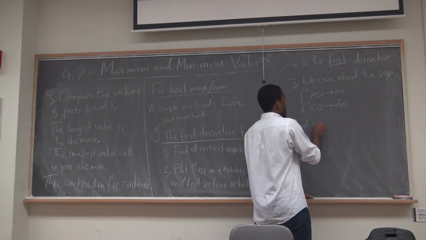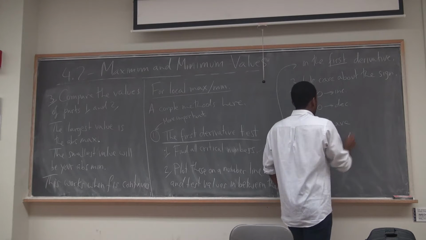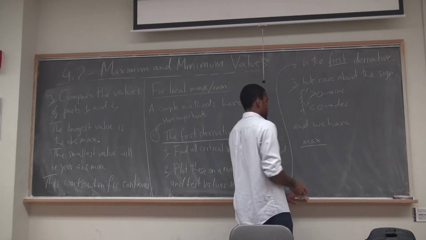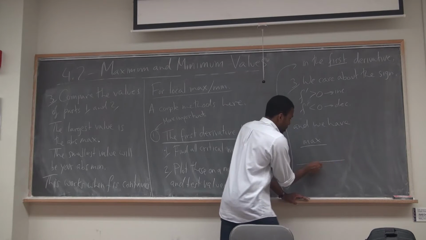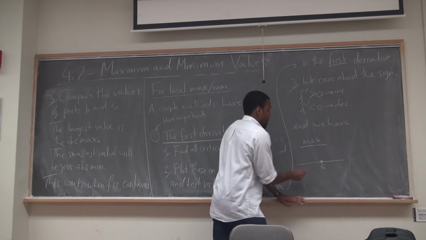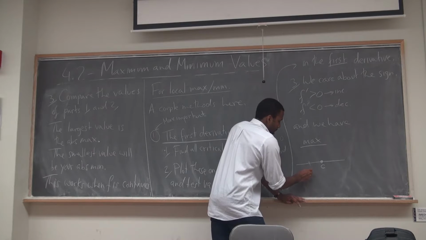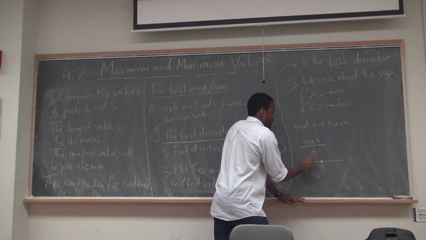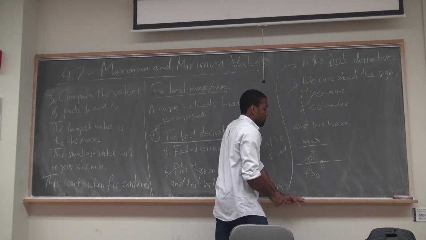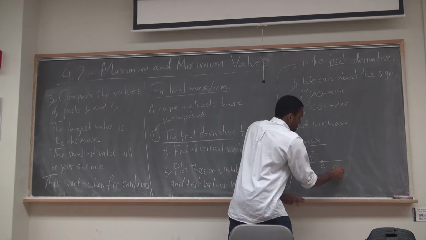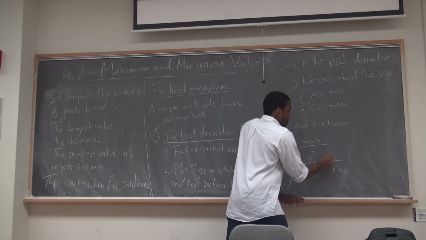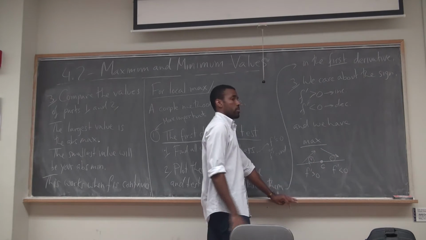And we have a maximum occurs if at that critical number c, I plug in a value over here, my f prime is actually increasing on this side, right? So I get a positive number when I plug into the derivative, and my f prime is decreasing on that side, which means I have a negative number when I plug into my derivative, right?